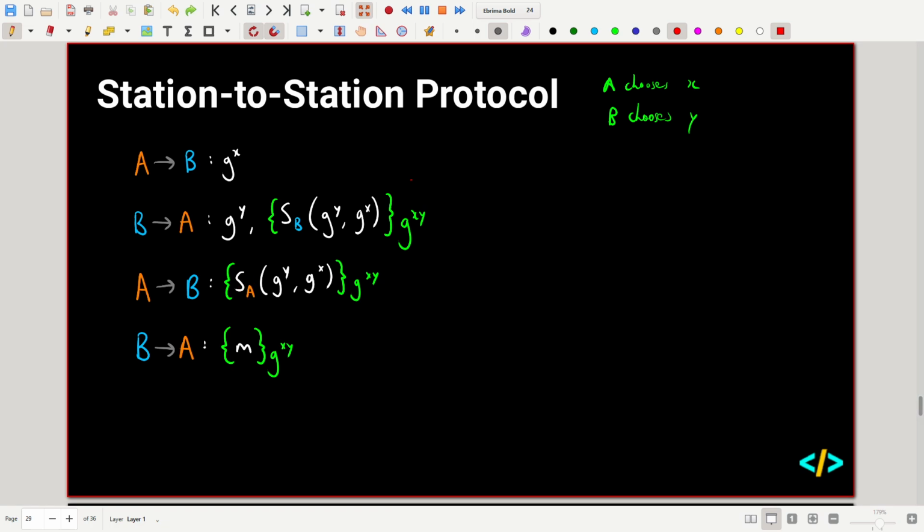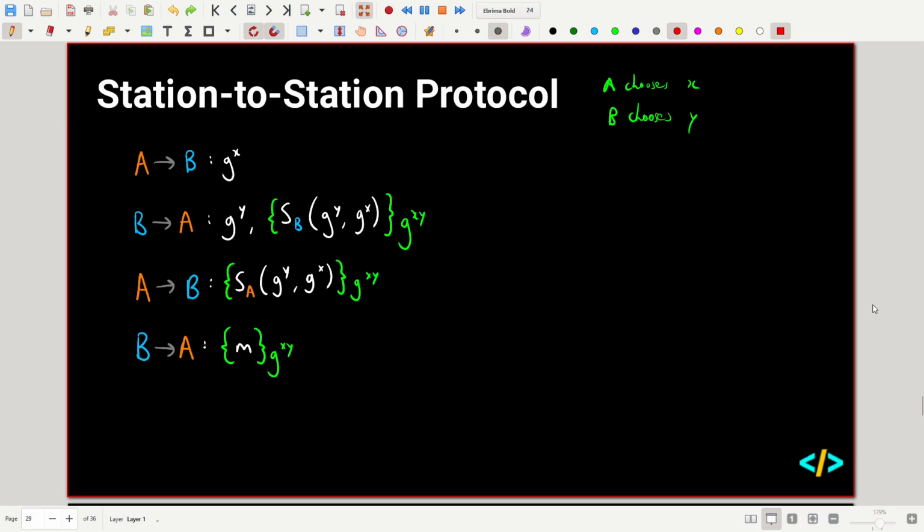This could just be fake A. This could be Ayush, and Ayush is just signing with his key, when actually B wanted to talk to someone else. B wanted to talk to Alice. So the idea is we need a way of A initially knowing B and B initially knowing A. Can anyone tell me what we can use to achieve that, or to make that easier or more practical?